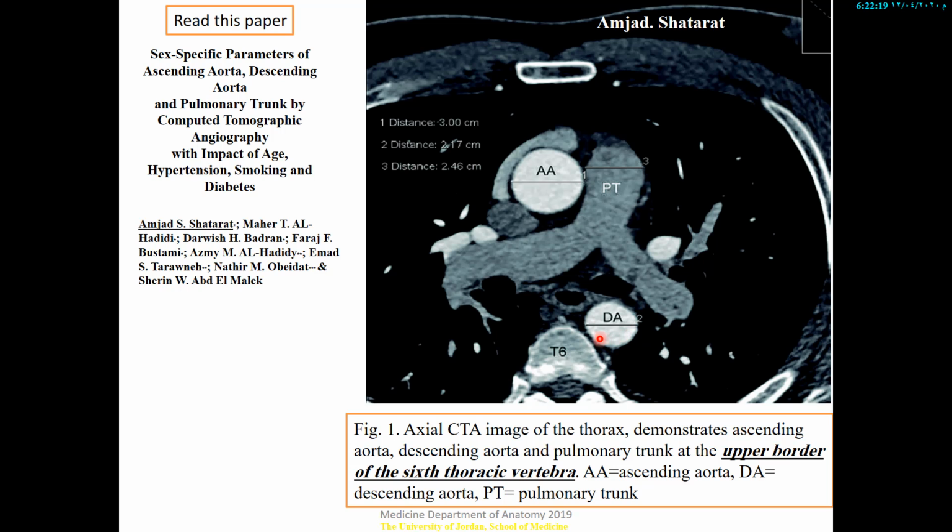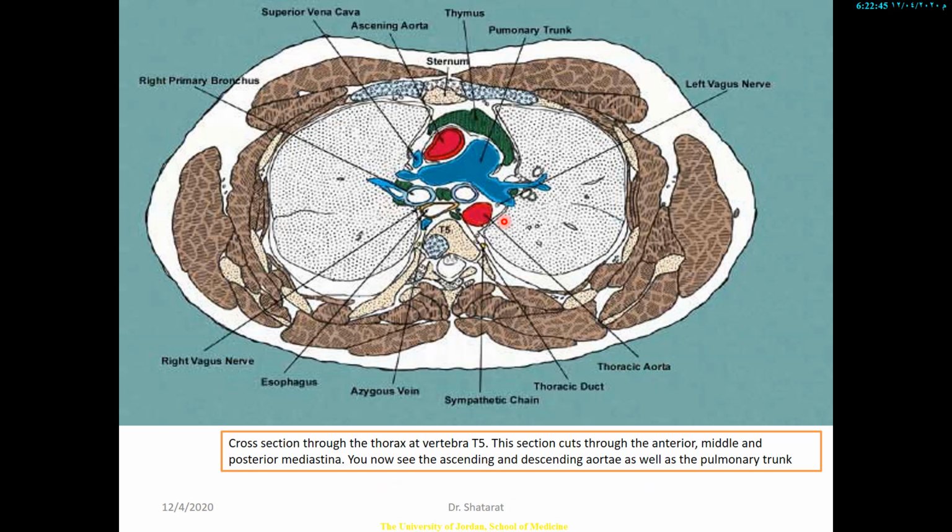This part is next to the vertebral column, and this part is away from the vertebral column. Most likely it is close to the sternum. Now, don't you ever forget that this is a CT scan with dye. So that's why the vascular structures are seen very well. What is this here? Here, let's go here.